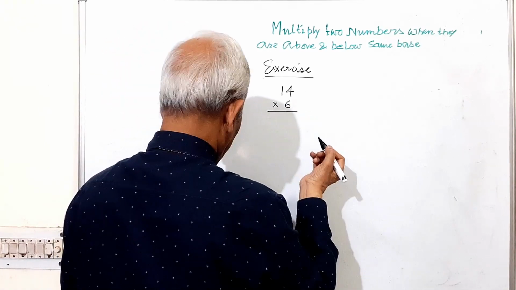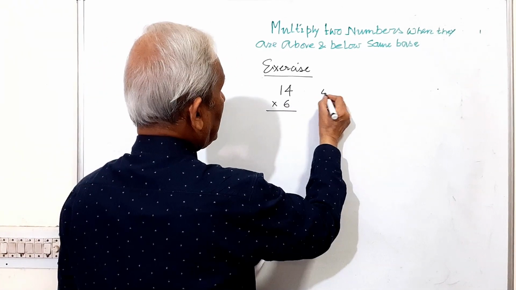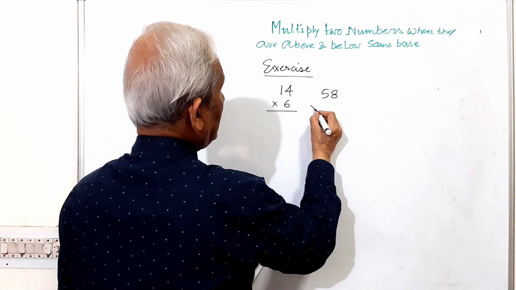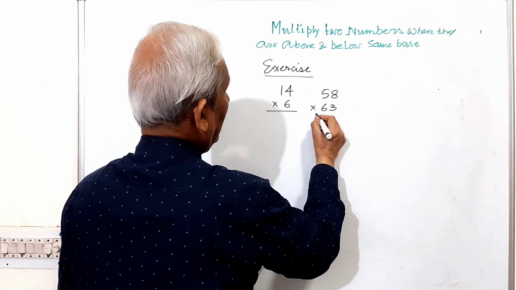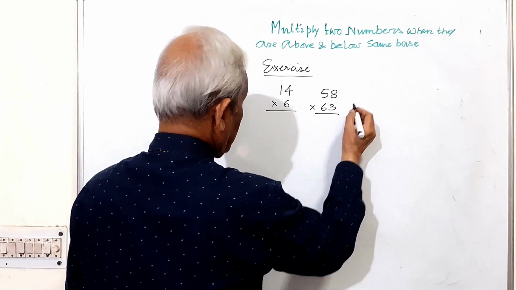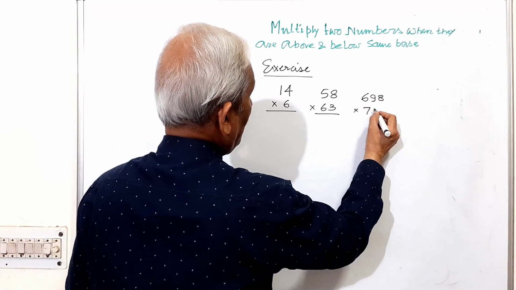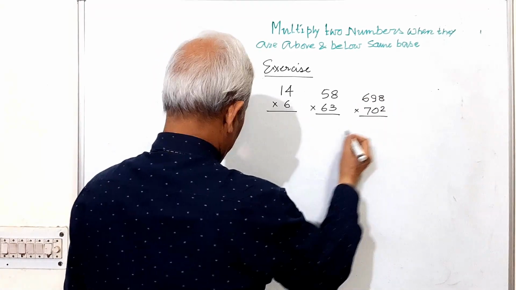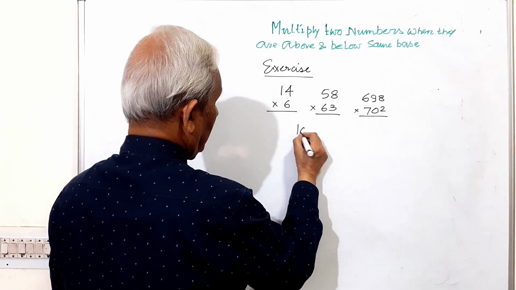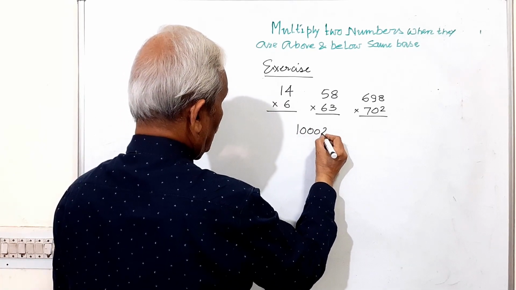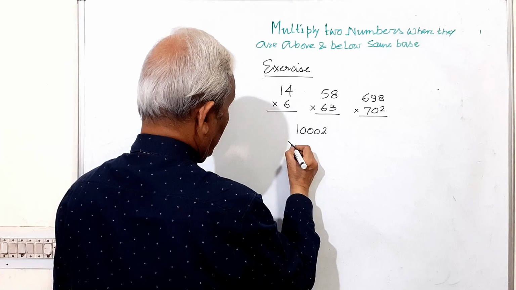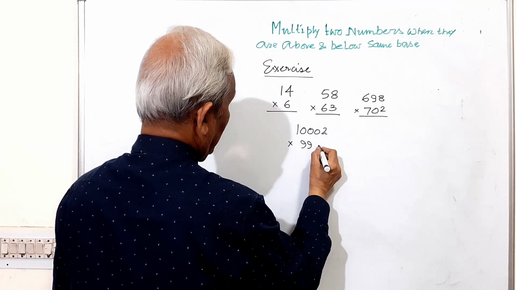Do this by this method. 58 into 63. Find 698 into 702 and 10,002 into 9993.